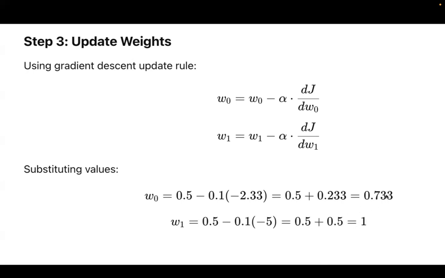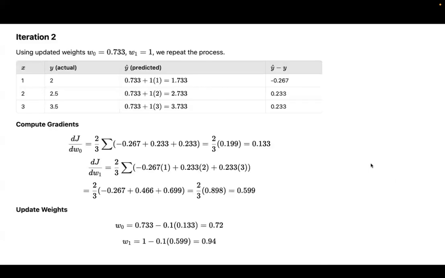So this is one iteration. In the next iteration, instead of using 0.5, 0.5, the default values that we assumed, we are going to use these new values, which we found using the gradient descent formula. So x remains the same, actual values remain the same.